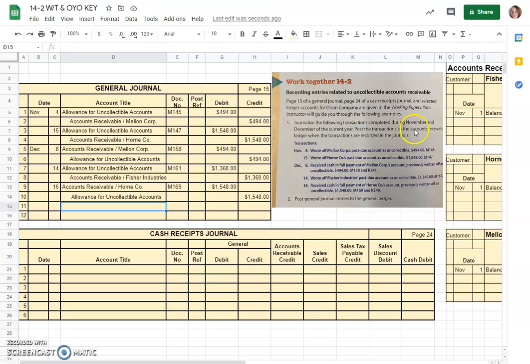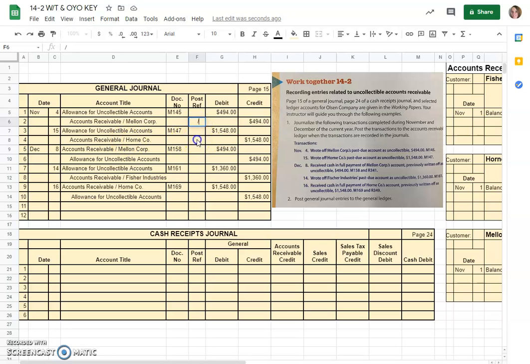And it says post them to the accounts receivable ledger when they're recorded in the journals. So we needed to post these into the accounts receivable ledger, because remember, we post these in multiple places. For all of these, this one has a slash in it, there's 2 accounts.